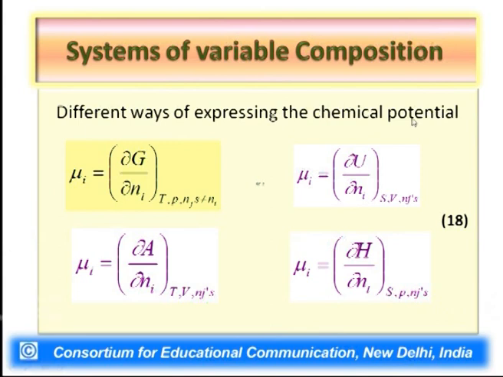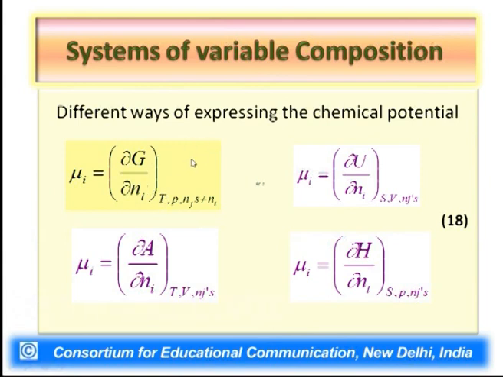Although all the 4 expressions are equivalent expressions for chemical potential of component i in a mixture of defined composition, the one expressed in terms of increase in Gibbs energy is the only one which can be regarded as a partial molar quantity.